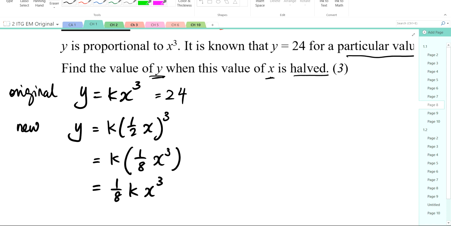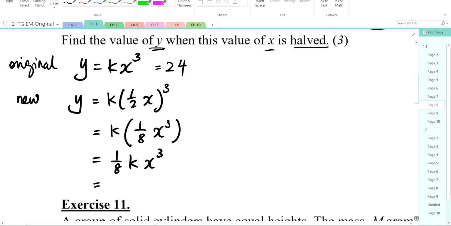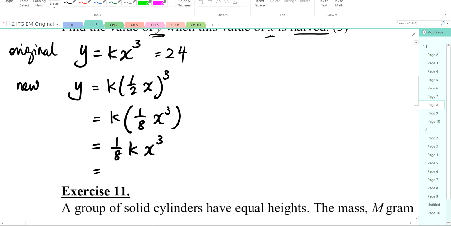Okay, now I want a new value of y. What is the new value of y? 1 over 8 times 24. Why did 24 appear again? Yeah, kx cubed is 24. That is how I get the answer of 3.